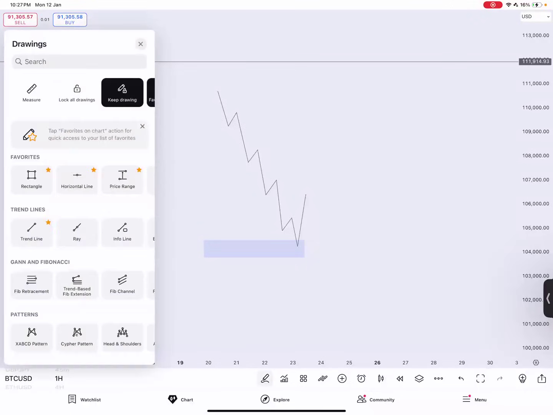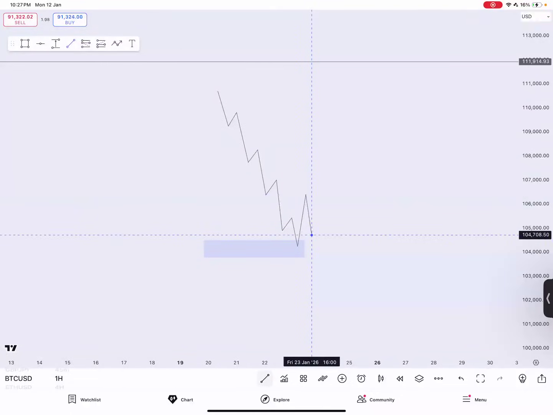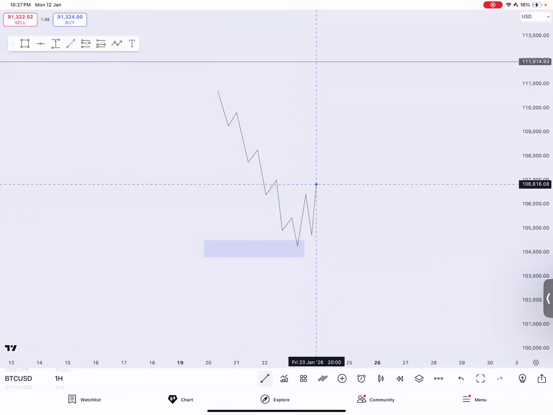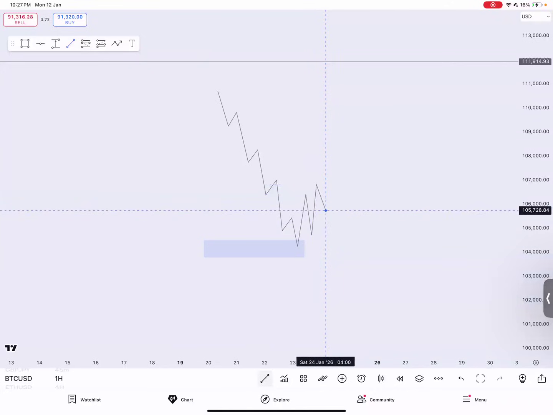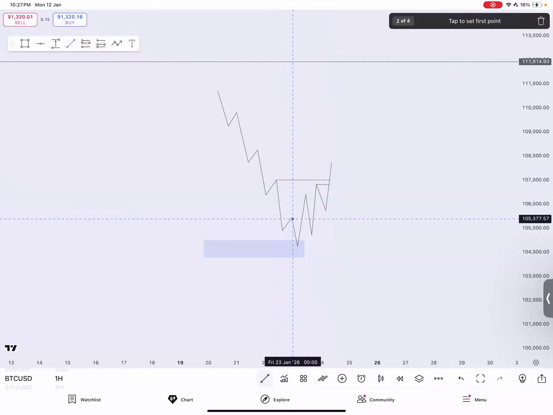Now, let's go again. Let's say it completes and then starts buying. This happens, then this happens, this high and this high getting broken. This is what we call an MSS.